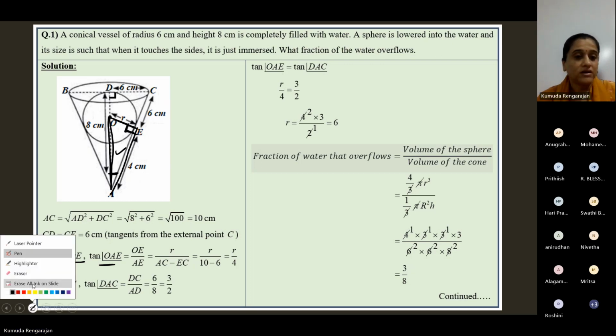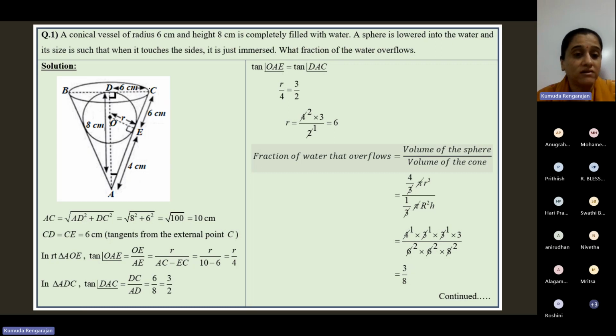Correct? Now, before that, I should have told you there's also a theorem from the same chapter which says that tangents from an external point to the circle are equal in length. You have a circle.